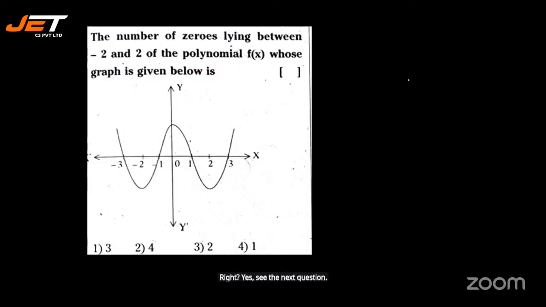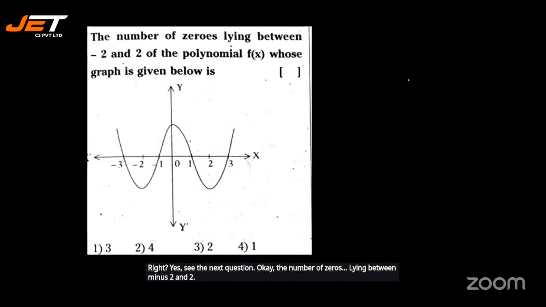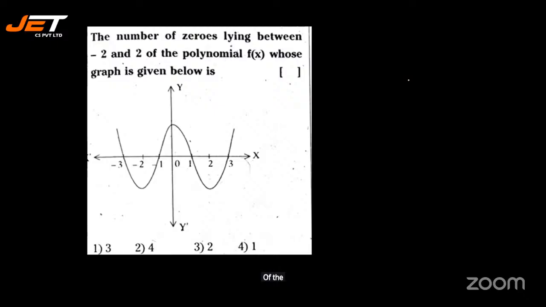See the next question. The number of zeros lying between minus 2 and 2 of the polynomial f of x whose graph is given below is dash.